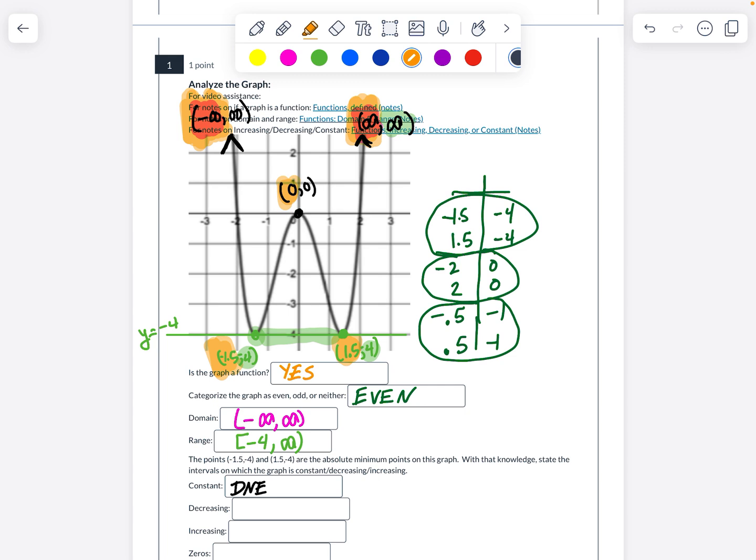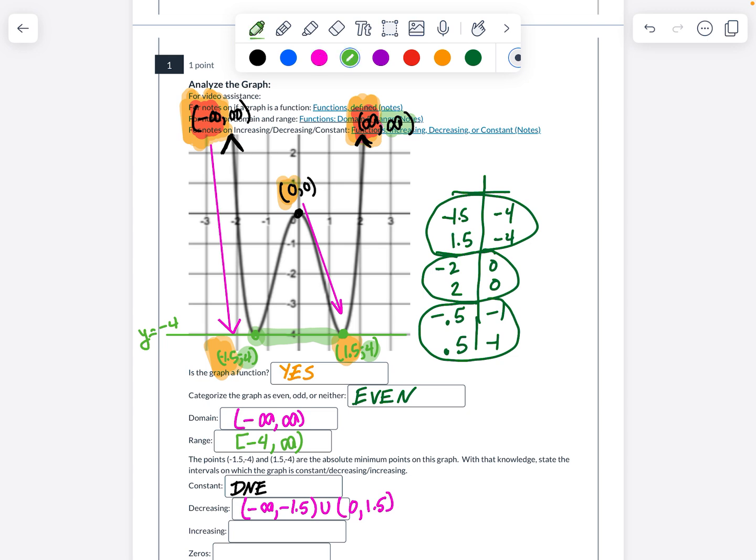So decreasing, it is headed down between negative infinity and negative 1.5. It is also headed down between 0 and 1.5.